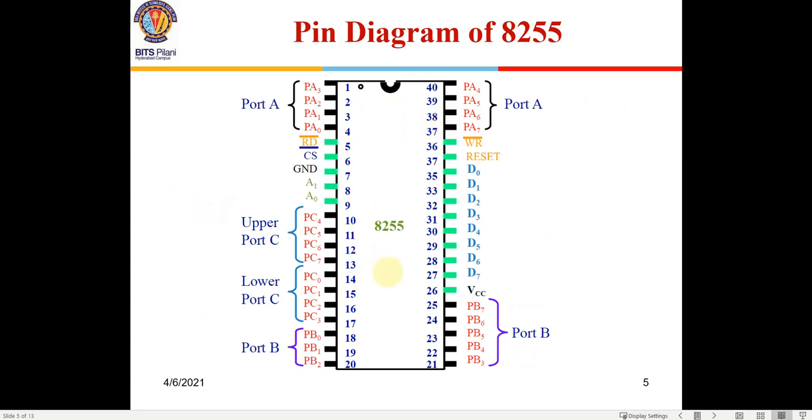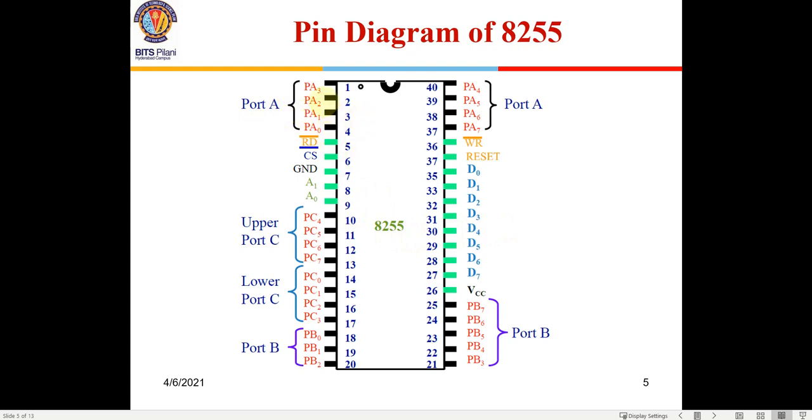Right, so this is how the pin diagram of 8255 looks. If you see pin numbers 35 to 27, these are the data lines. These data lines are going to be connected to the 8086 data lines, so that the data can be transferred in and out of the 8255, and then subsequently to the ports.